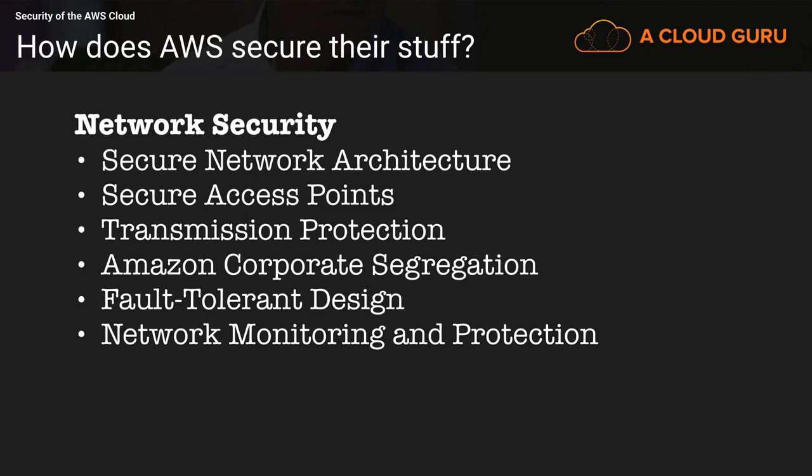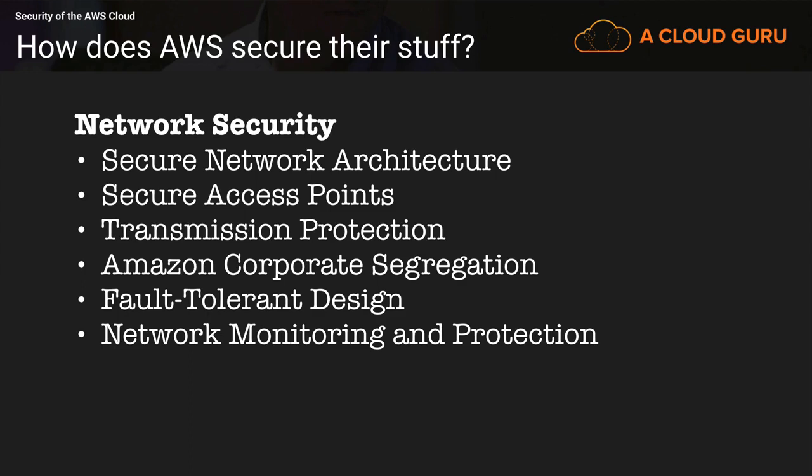Every time you access the console, that's secured through HTTPS. Amazon actually segregates their corporate network. The Amazon.com network is not on the same network as AWS. They're completely separate networks. So if an Amazon.com employee needs to access something on the AWS website, they have to do it via a bastion.